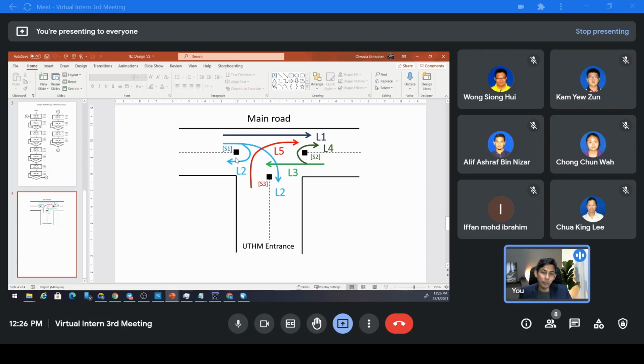So now we are not concerned about what sensor we use. Because we want to design the controller, let's assume we just receive the signal from the sensor, whether the car is there or not. For example, the sensor will produce 0 if there is no car, and 1 if there is a car waiting here.